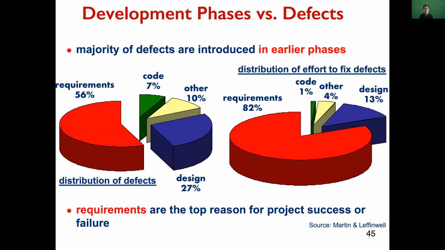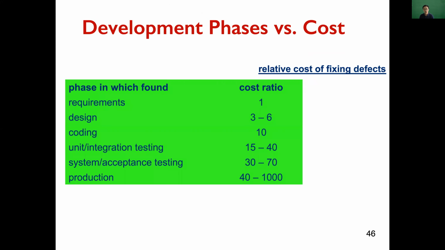Next, let's look at the cost of software defects found in different phases. We use software defects found in the requirement phase as a baseline, so here we assign a cost ratio of 1 to the software defects detected in the requirement phase.